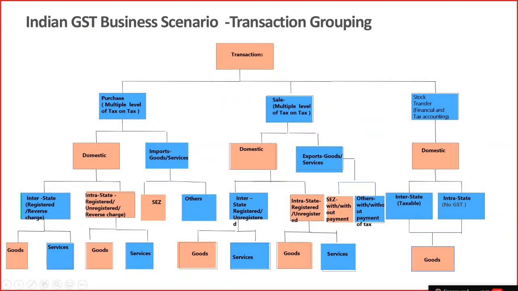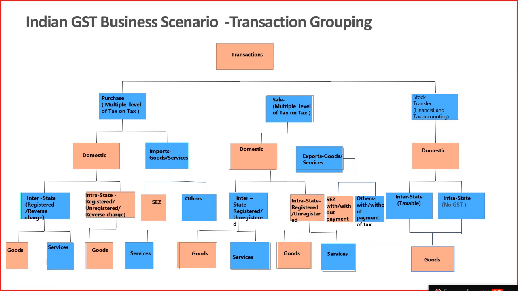So now this slide actually indicates India's taxes, how the GST is distributed across the various transaction types. And if you see, basically in India, three types of transactions are there: purchase, sales, and transfers, stock transfers.